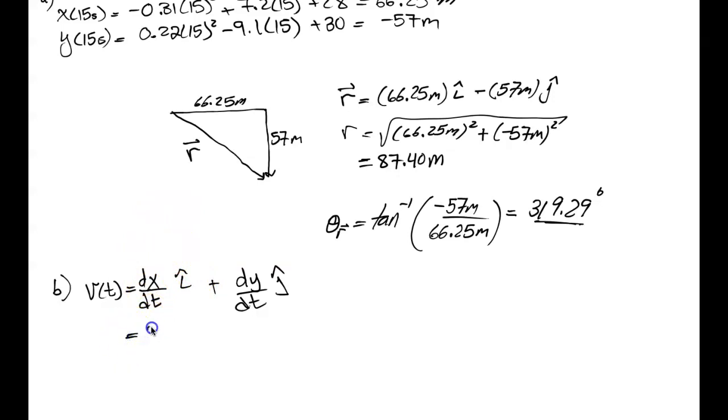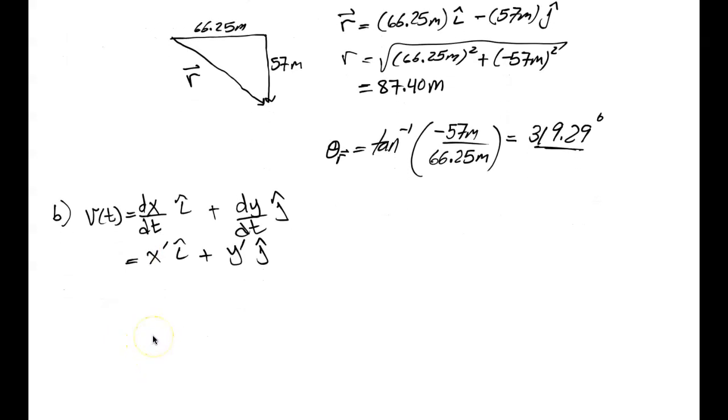Because we're taking the time derivative, we can use the dot notation and say it's x dot i hat plus y dot j hat.